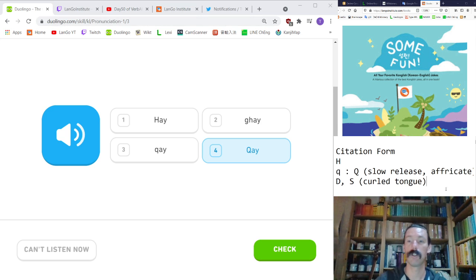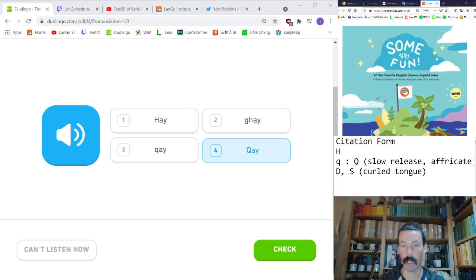Zeit, exactly. German now, a language that has a couple affricates. What we write, the spelling has as a Z is not Z like we have in English, but S. And the spelling also has PF, and that's just a slowly released P. This Z, often also spelled with a T preceding, is a slowly released T sound.